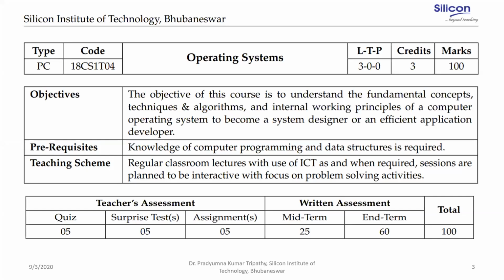The assessment is the same as in the previous semesters: attendance 5 marks, surprise test 5, assignment 5, midterm 25, and end term 60, which accumulate to 100. And I'll tell you when the surprise test or assignment has to be given, and what assignment will be given during my course.